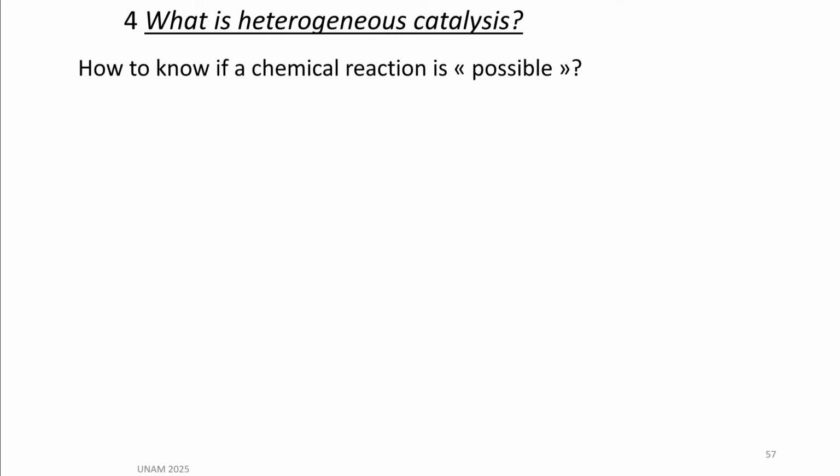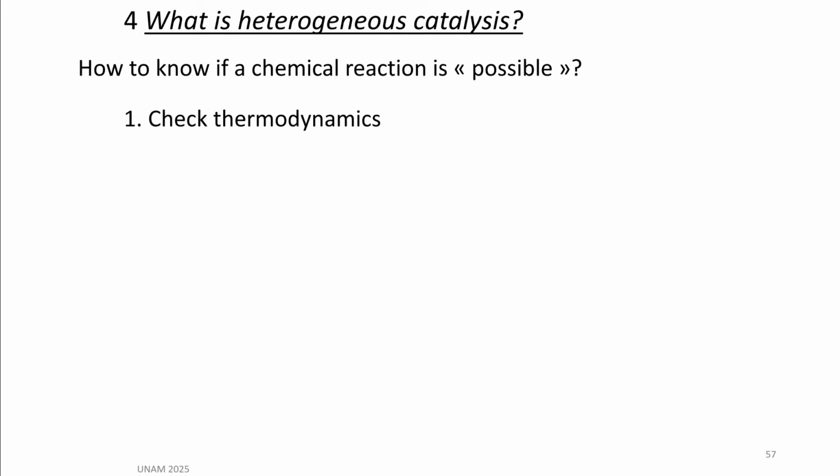Okay, now some words about heterogeneous catalysis. And I think that's important because these are very simple chemical concepts. In principle, everybody learns them, but it appears that when you have to apply them to a new situation, many people don't remember these basics.